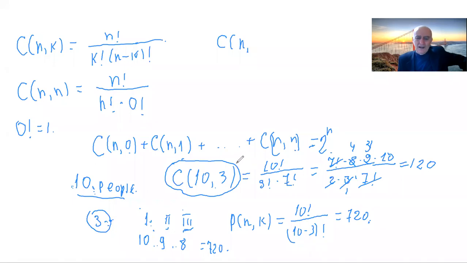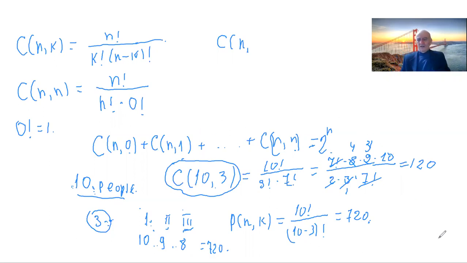And I recommend solving problems with the formula only when you have a clear understanding that you should find the number of subsets with k elements. In other cases, you don't need to use the formula, and you can solve problems by understanding and by the sum rule and product rule.